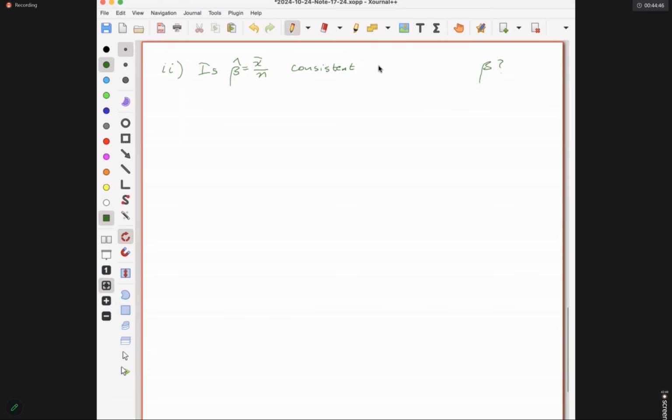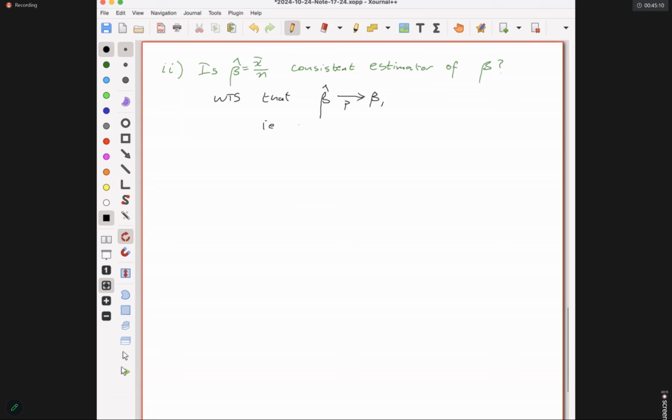It means that the estimator converges in probability to the actual value of the parameter.